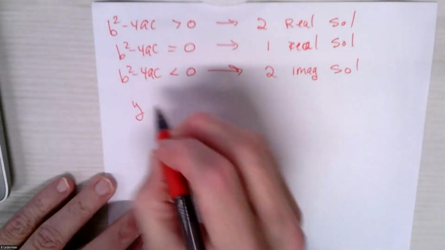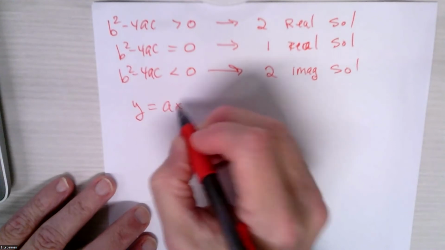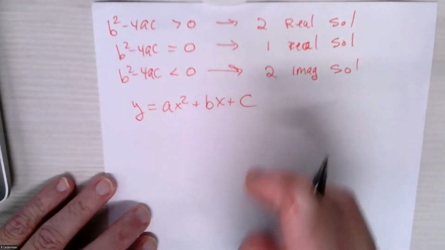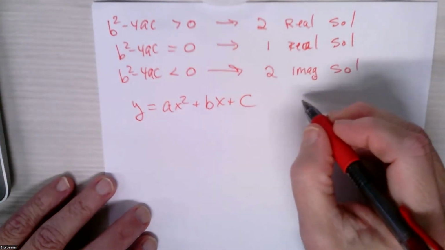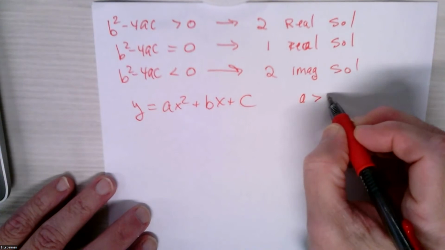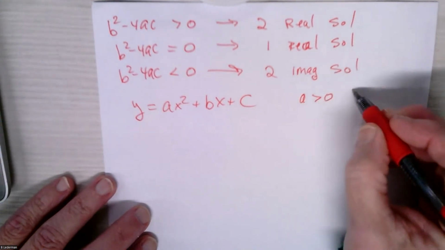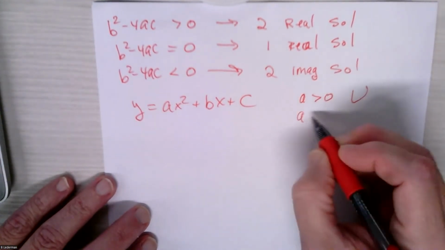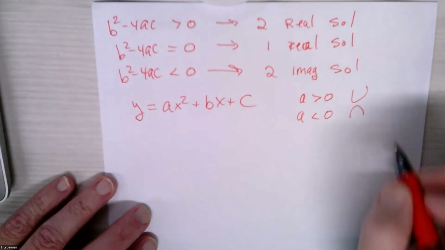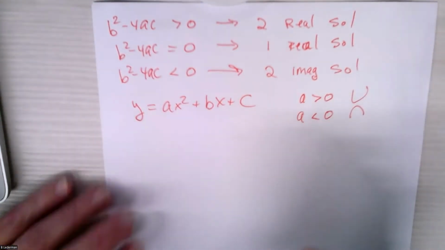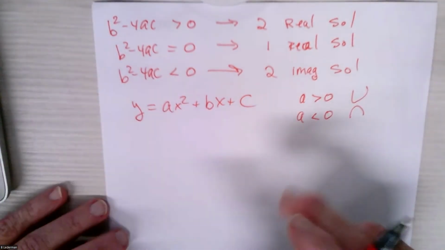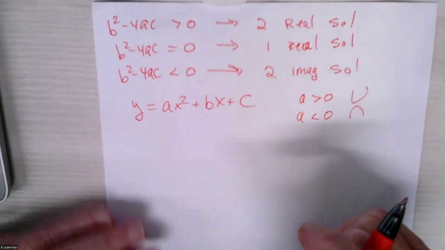First of all, if a is positive, we're going to have a happy parabola. When a is negative, we're going to have a sad parabola, an upside down parabola. I'll show you that very clearly on Desmos.